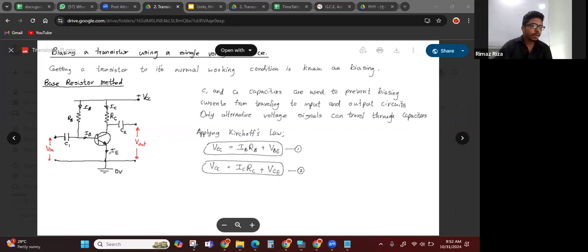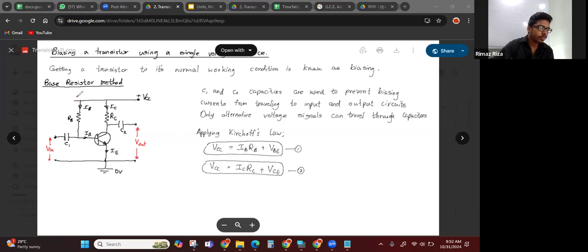So anyway, applying Kirchhoff's law, or else if you haven't studied Kirchhoff's law, we can just consider the total voltage here drops through here, right? So first the voltage drops here, IBRB plus IBRE. So this is VBE.